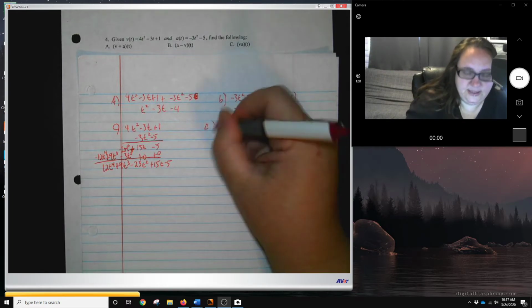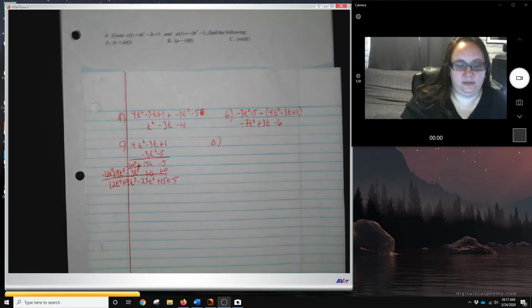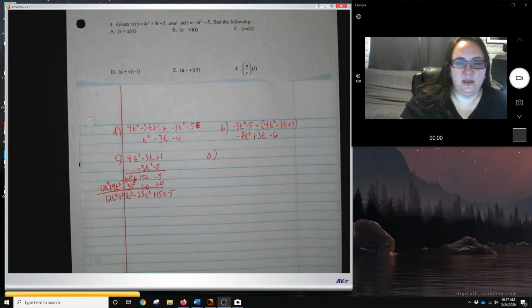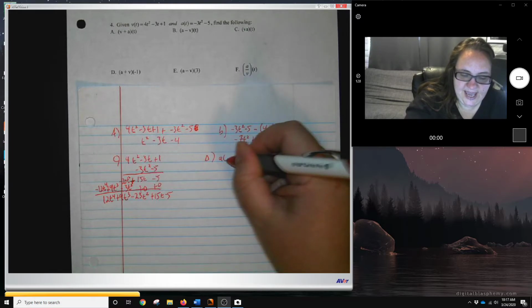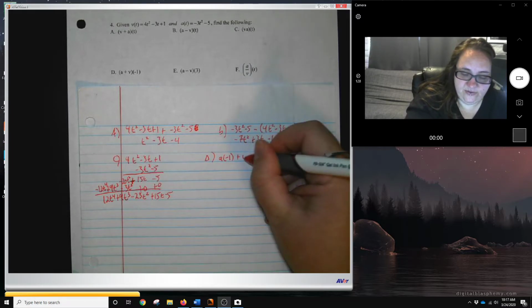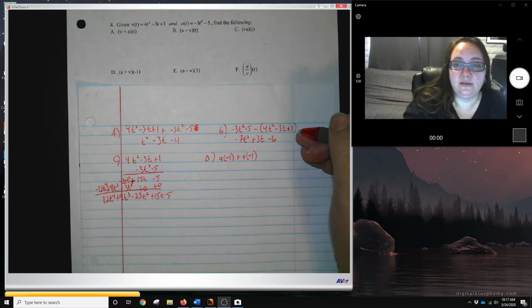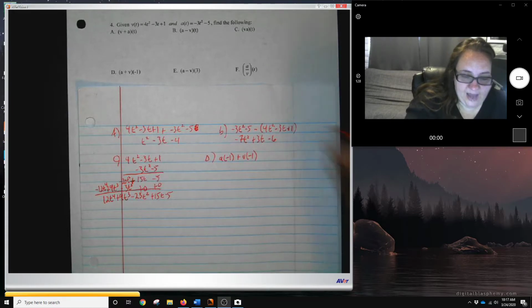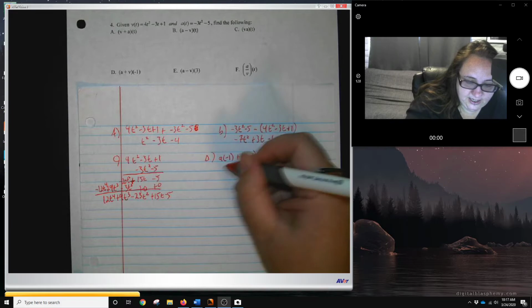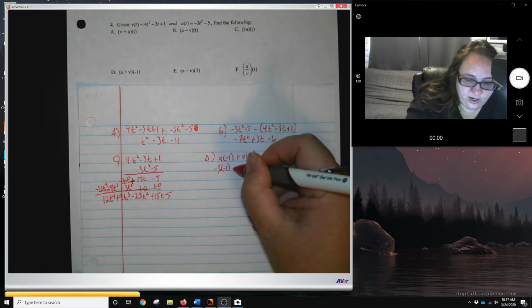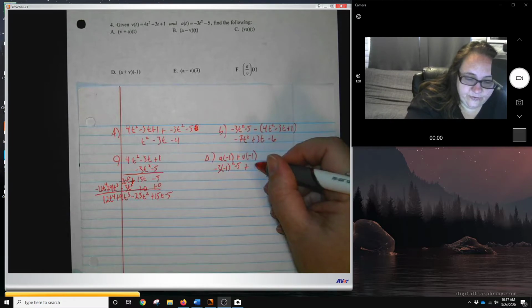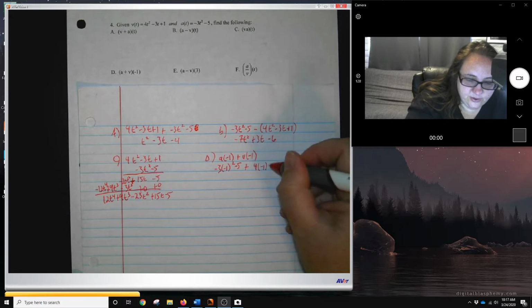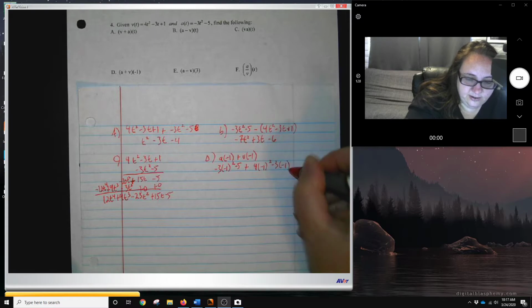Okay. D. A plus v of negative 1. So that's the same as a of negative 1 plus v of negative 1. So a of negative 1 is going to be negative 3 times negative 1 squared minus 5, plus 4 times negative 1 squared minus 3 times negative 1 plus 1.